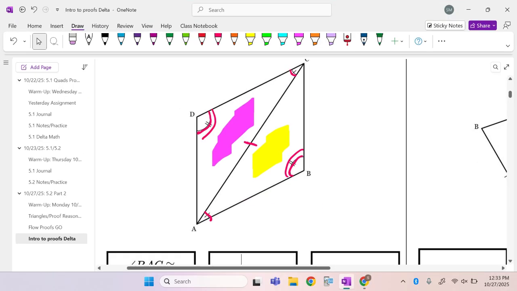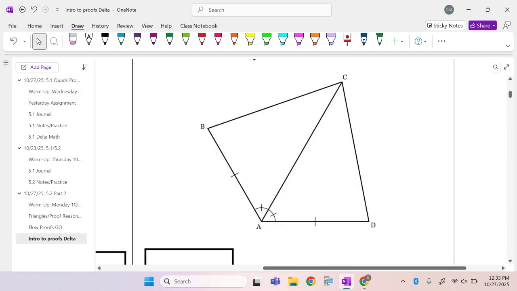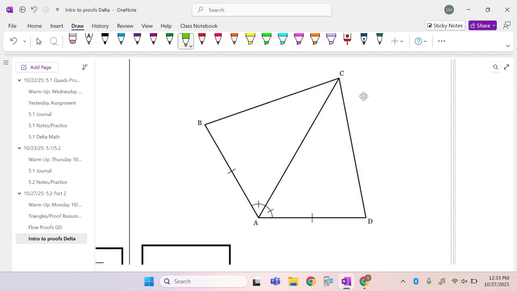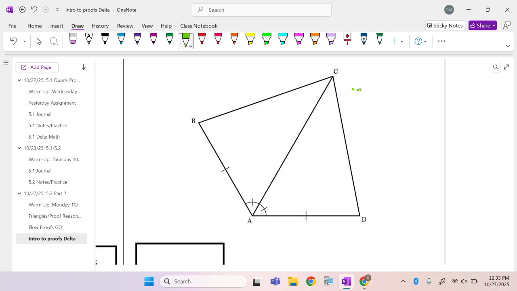So if I look at my picture, if AC bisects this big angle right here, what's true? What does it mean to bisect? It cuts the angle in half. So that means that, wouldn't that mean that these two baby angles are congruent? Yep, that's exactly what we would say.